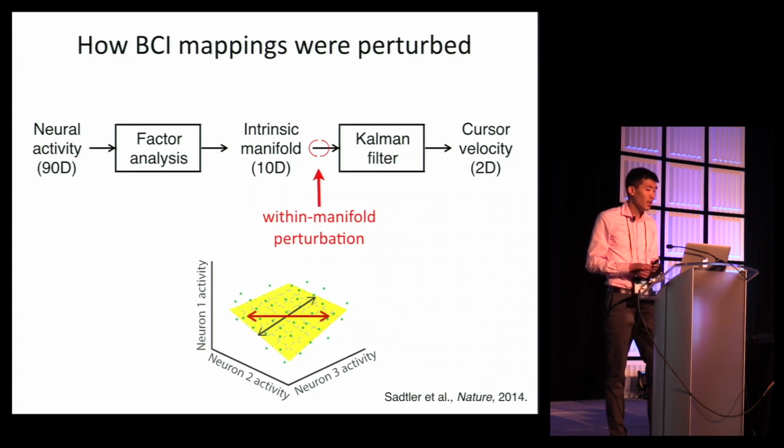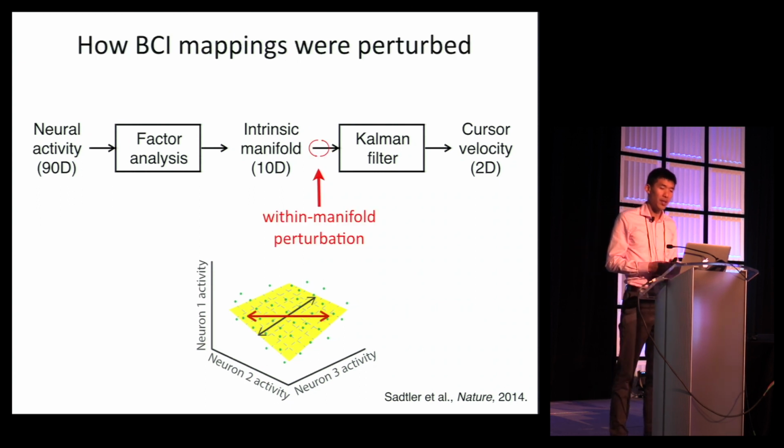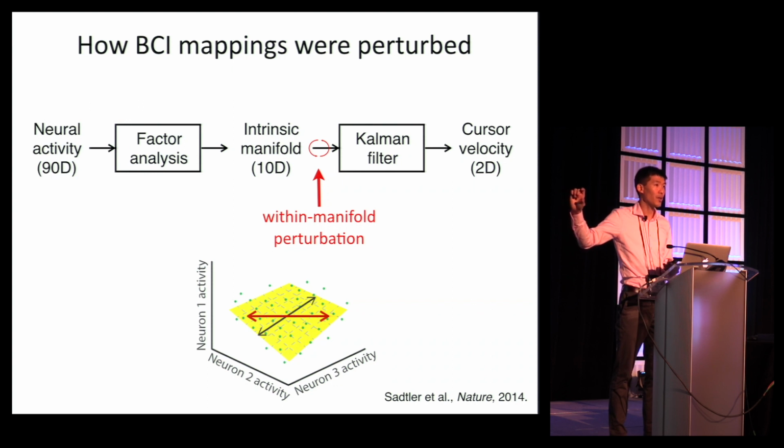To define a within-manifold perturbation, we took those 10 factors that came out of factor analysis, and we permuted its elements. Now the definition of the factors is the same, but the relationship between each of these factors and movement is changed.